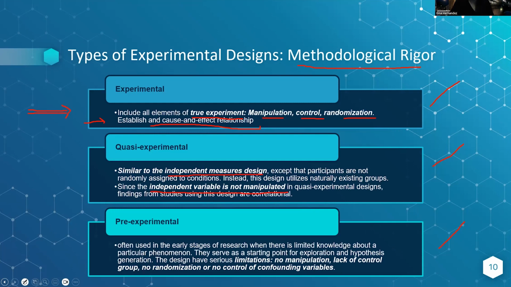Let's say we want to do a study on divorced people, for example. We want to test how they evolve in the next 5 years, 10 years, like married people that stay married and people that get divorced. So you have two groups that you want to contrast. But obviously, you cannot manipulate being divorced or married, because it's not ethical.